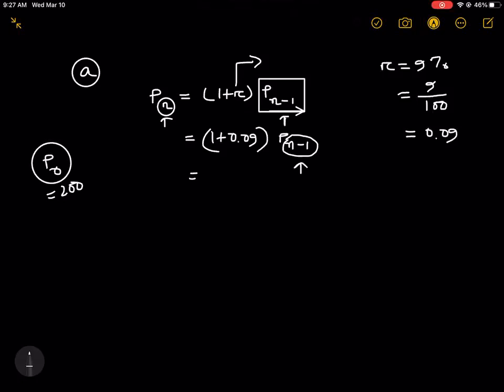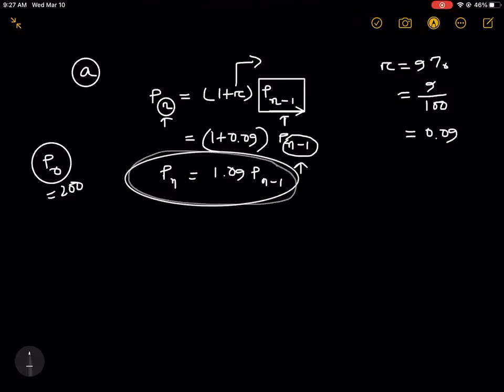We can simplify it just a little bit: Pn equals 1.10 Pn minus 1. So this will be the recursive form. When you solve it using the recursive form, you will have more information to work with, but this is the format for this question. Does it make sense?